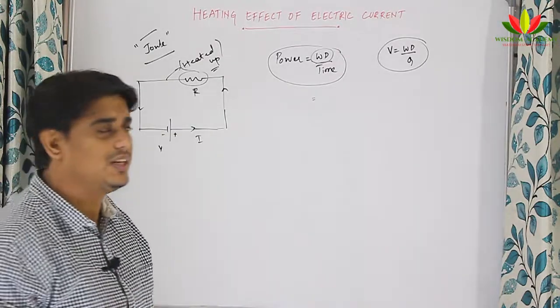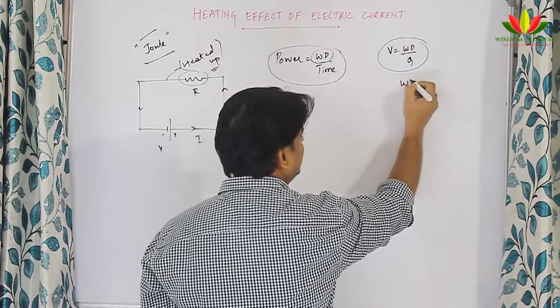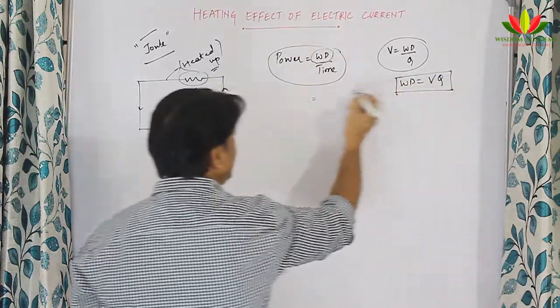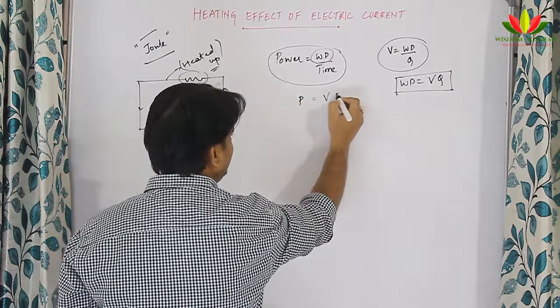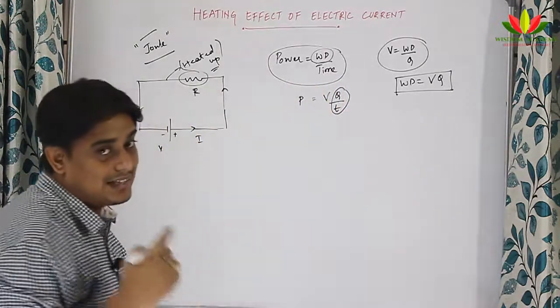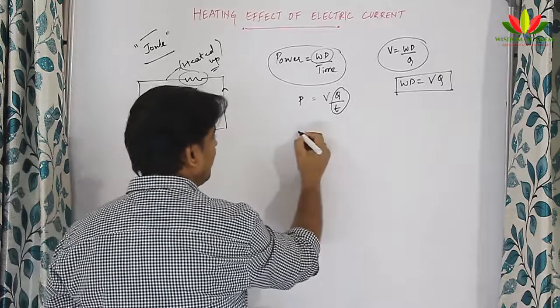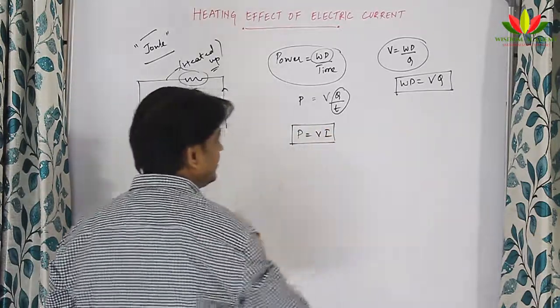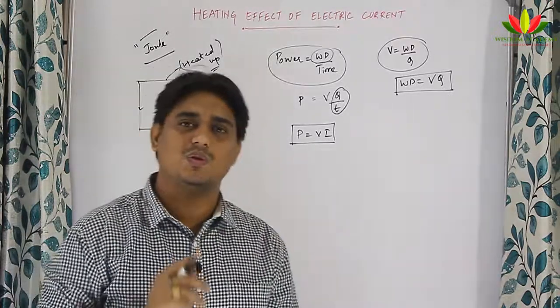So from here I can write work done is potential into charge. I will use this formula of work done and write power is equal to V into Q by T. Now what is Q by T? Q by T is I, the current. So I can write power is equal to V into I. This is the formula of power, that is, power is equal to voltage into current.